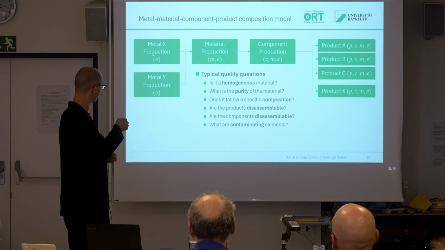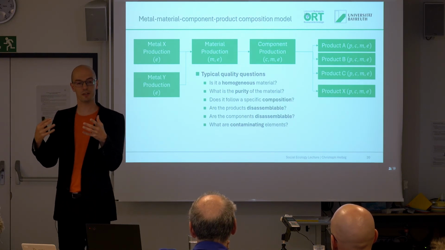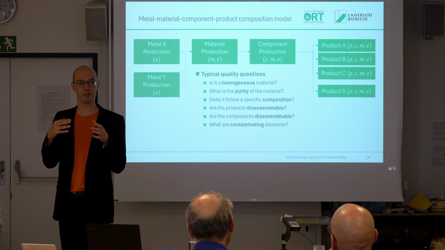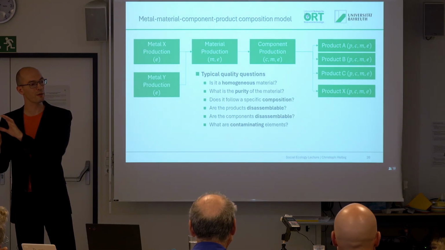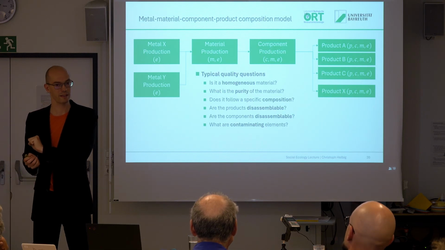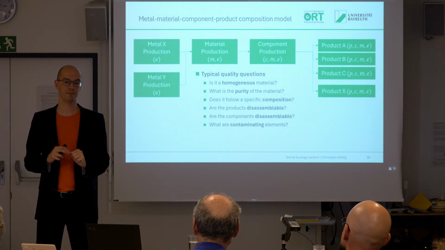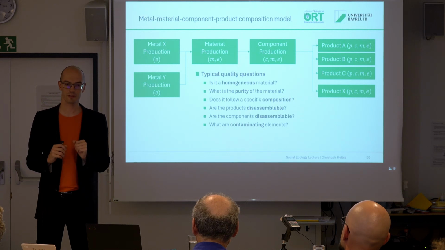A metal is used for a specific material. And this material then becomes part of a component. And this component becomes part of a larger product. And then you will use it. Sometimes this is very straightforward.